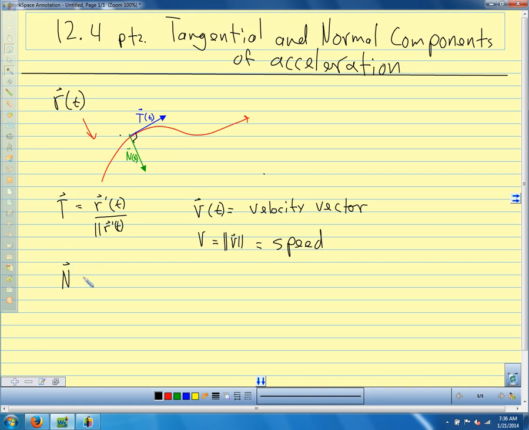And we said that our principal unit normal vector was, using this notation, N equals T prime over the length of T prime.